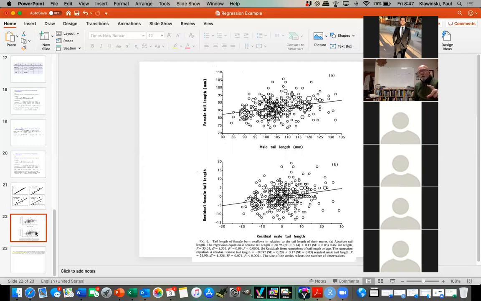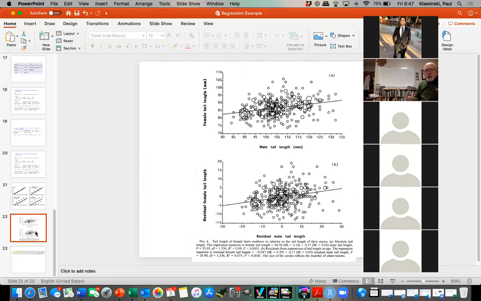So females, this is a sexually dimorphic species, females have shorter tails than males, but on average, the question being asked is, do females that choose long-tailed males also have long tails themselves, representing this correlation in phenotype between males and females over evolutionary time. Well, if evolution was really working on this in a strong way, we would expect two things.